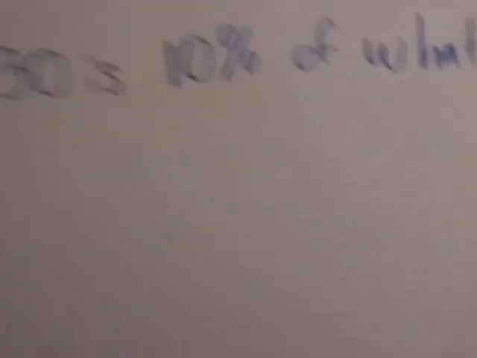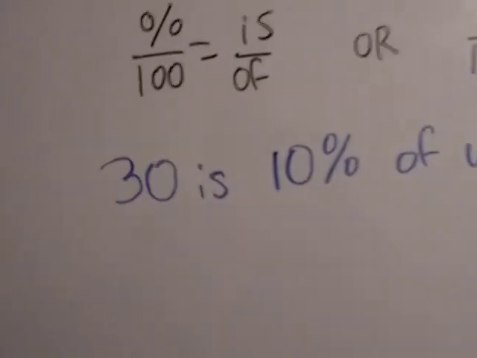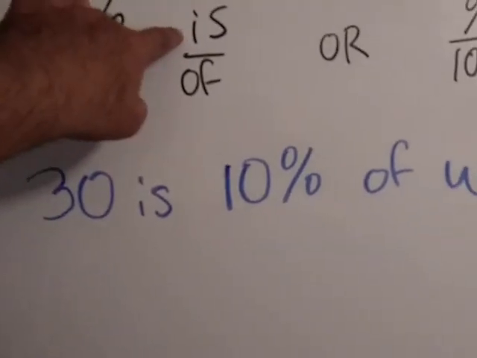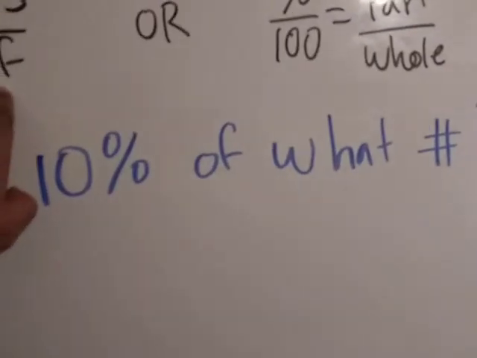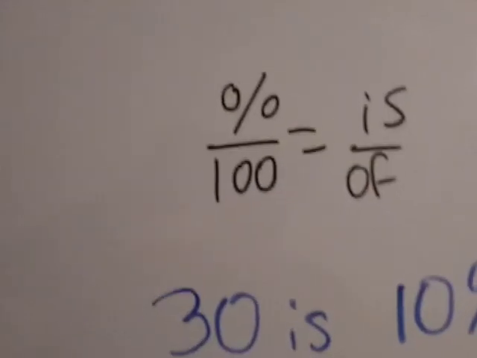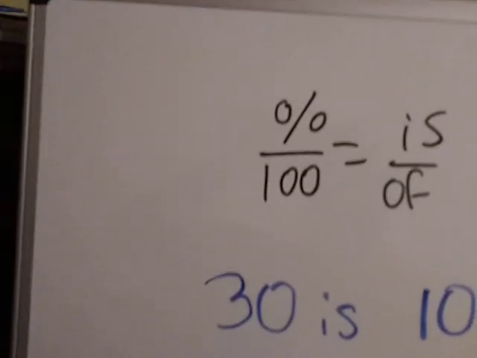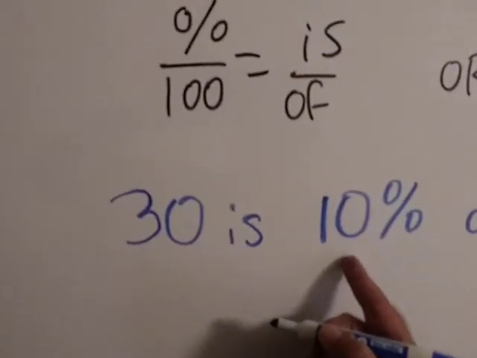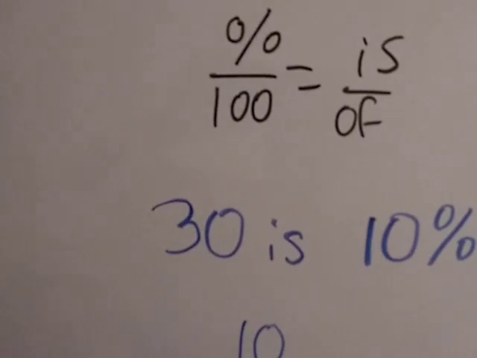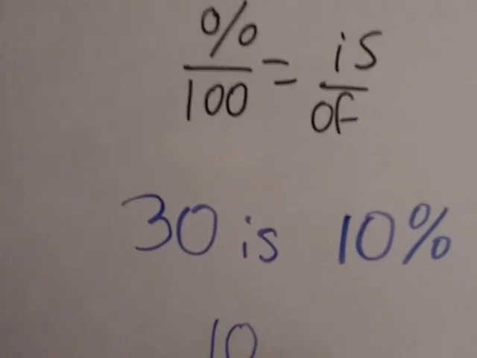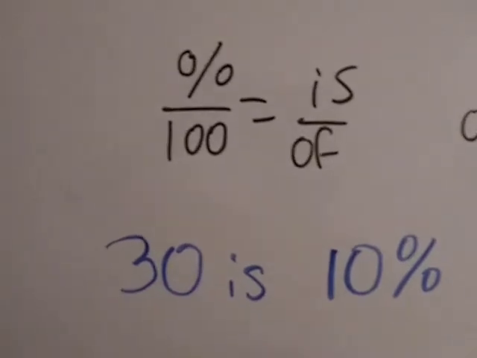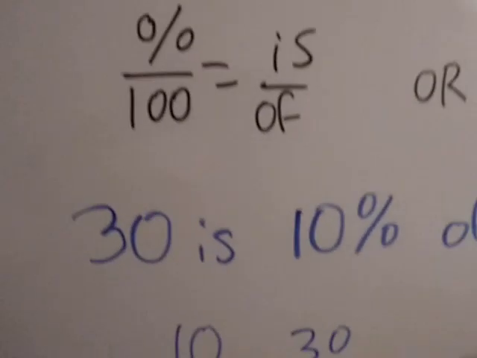Of what number, right? So look, here we have again the percent, we have the word "is," and we have the word "of," right? So we're going to use the first derivation of the formula. We have 10%, which will go on the location of the percentage here. So it'll be 10 over 100 is equal to 30 over x.